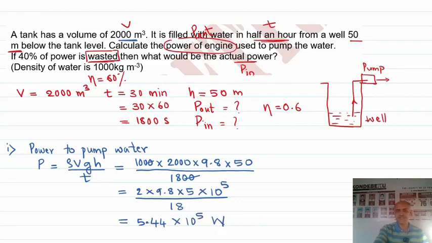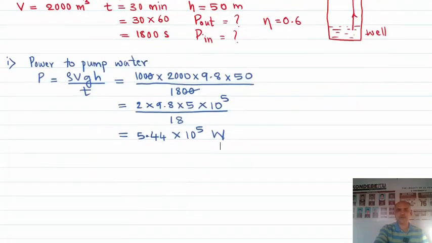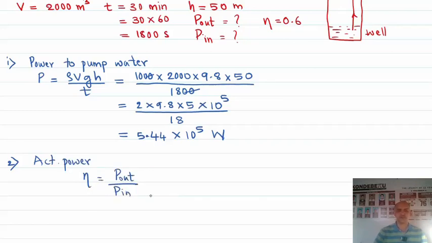But efficiency is less than 100%, 60% efficiency is there, means actual power you are required to calculate. By using the definition of efficiency, efficiency is equal to power output by power input. So power input is actual power, which is given by output power by efficiency.